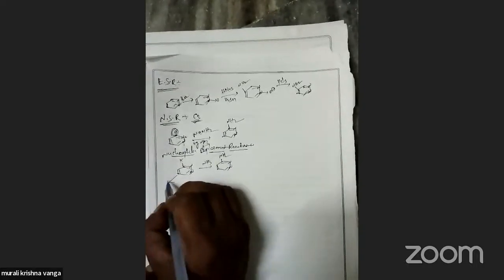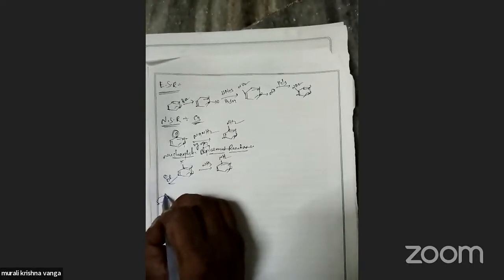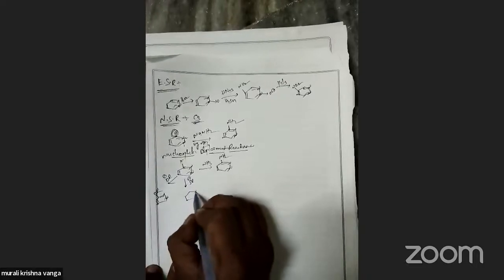When reacting with alkoxide, O minus, and when reacting with thioalkoxide, the corresponding product is formed.